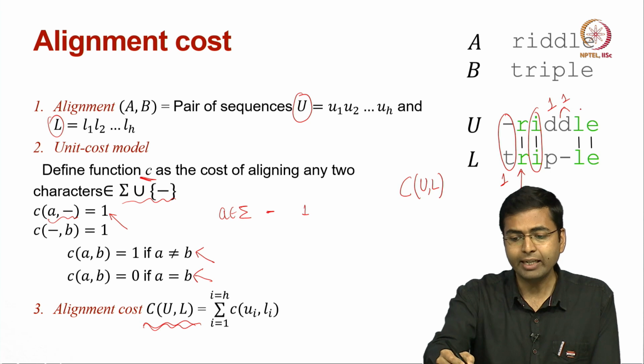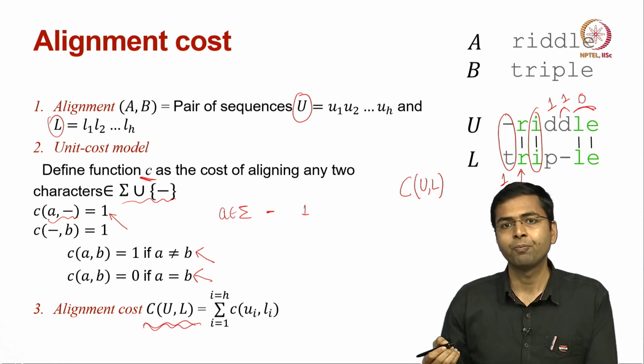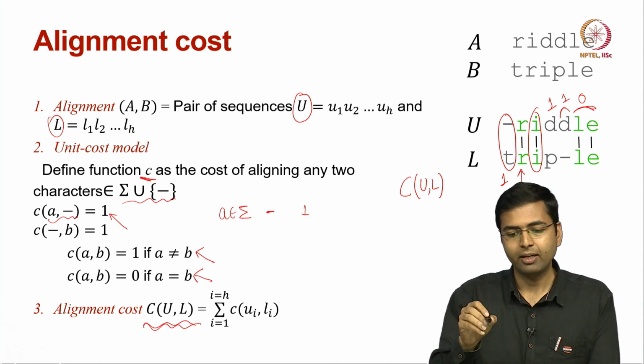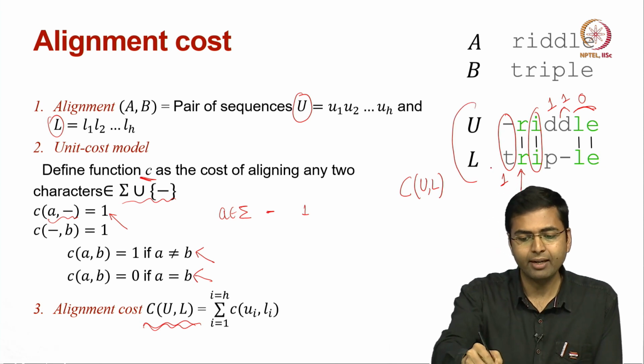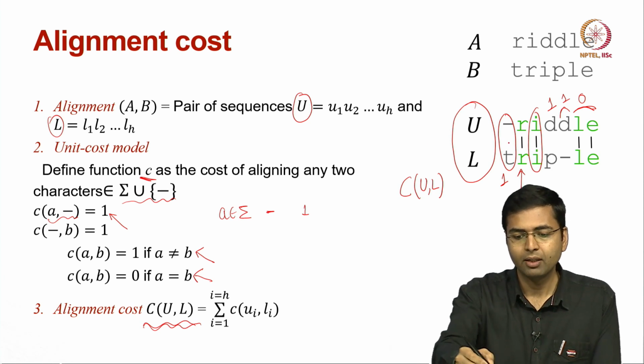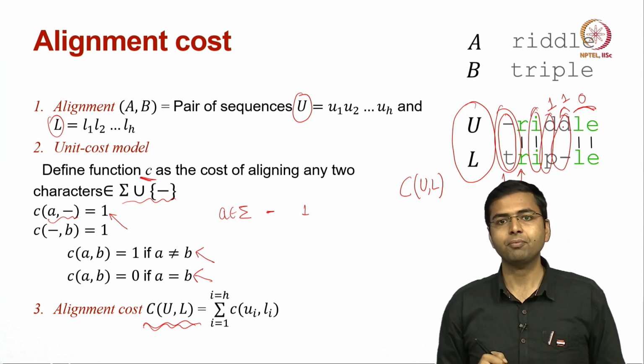And again the next two characters are matching, so both these columns have cost 0. So, in this particular example the cost of this alignment is 3, because of the first column, the mismatch and the third column.